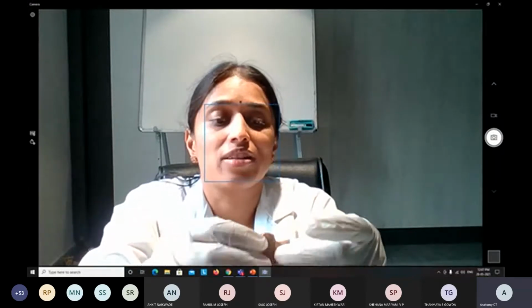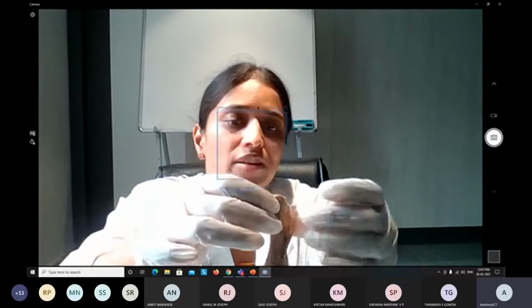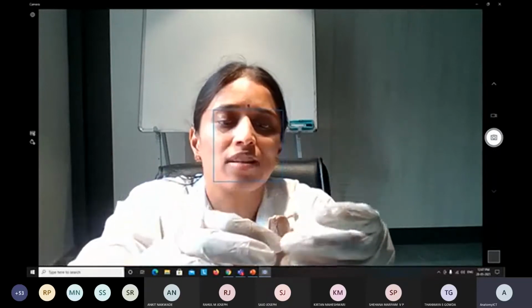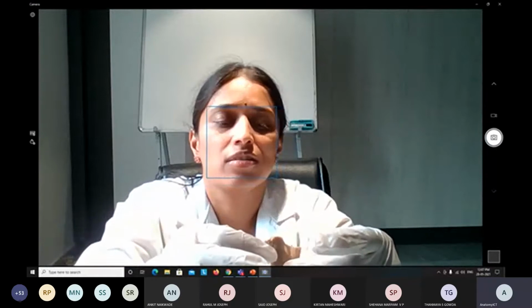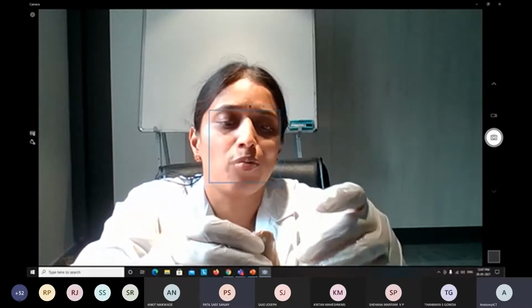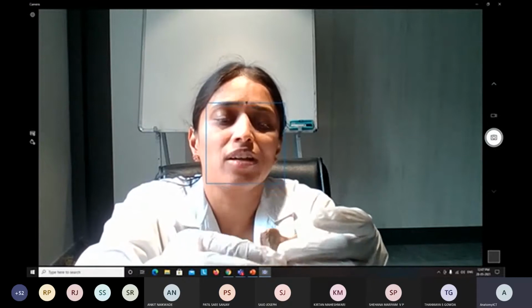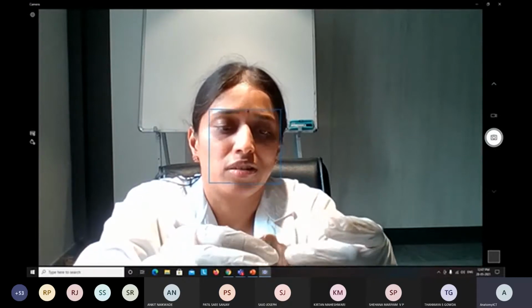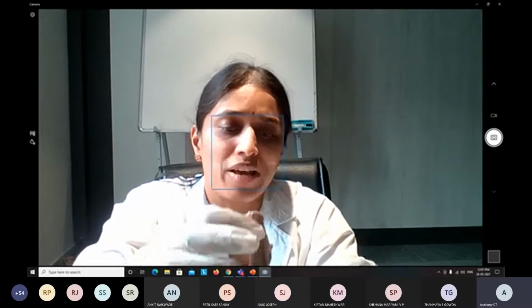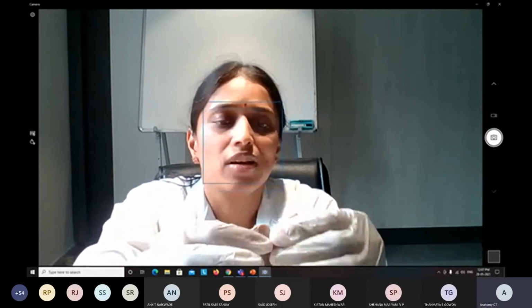The external spermatic fascia is derived from, can anyone answer? External oblique muscle. Yes, external oblique muscle. Then the internal oblique muscle will give rise to the cremasteric fascia and also a few muscle fibers.